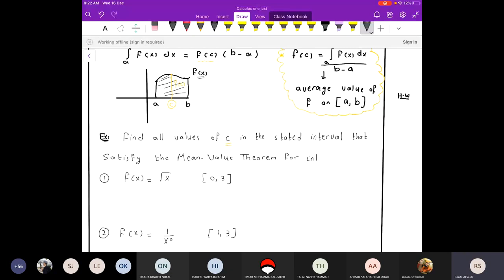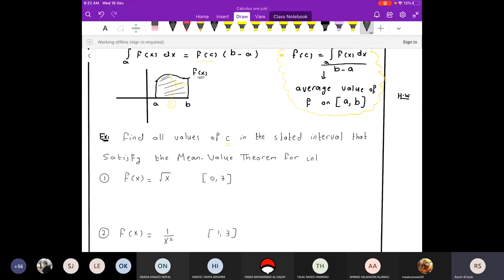What is the value of f(c)? f(x) equals... f(c) times (b minus a). Yes. Let's continue: 2 over 3 times the square root of x cubed, which gives us 3 cubed, that is 3 times 3 times 3, minus 0, equals 3 times the square root of c.